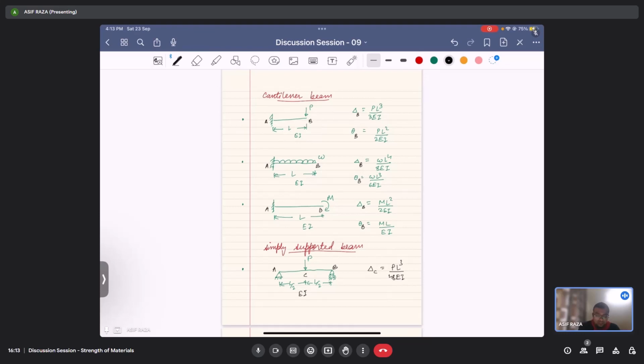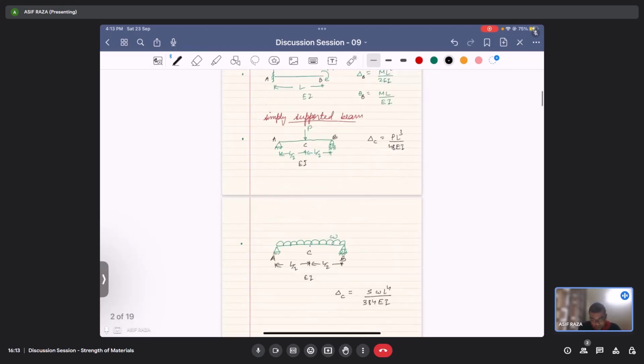As we increase the span length, the slope or the deflection will increase, while if we increase the flexural rigidity, the values will decrease, be it deflection or slope.